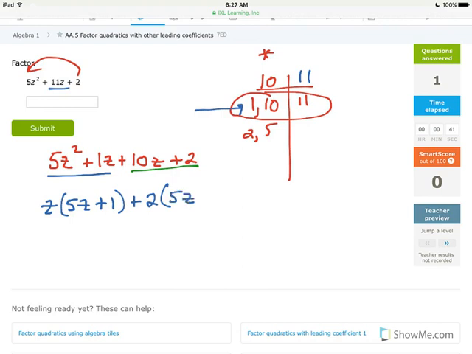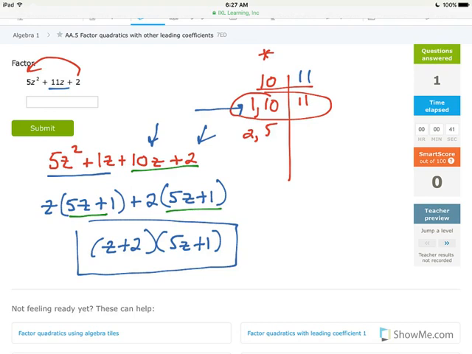We'll check it in a second. So your 2 times the 5z definitely makes the 10z. The 2 distributed to the 1 definitely makes the 2, so that looks good. So one of your factors is going to be the z plus 2. And then the other factor is going to be the two matching binomials, so 5z plus 1. And those should be your two factors.